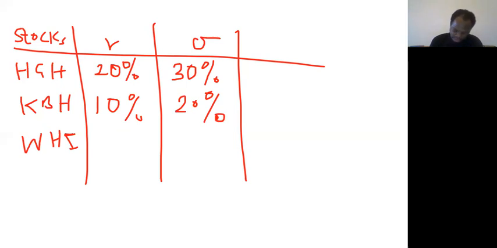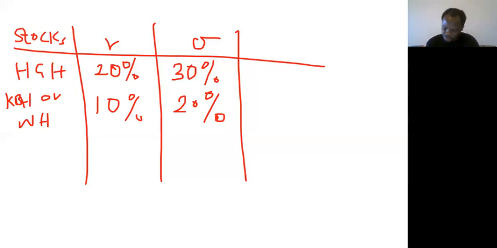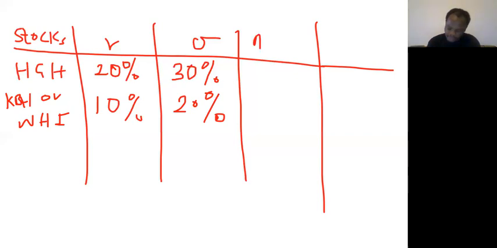Okay, so let me clear this part and make it KBH or WHI. Great. So in the question, we were told the amount that we want to spend here is 50,000, and we try to do so by shorting.